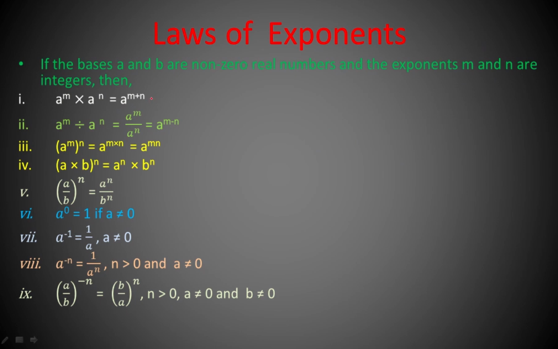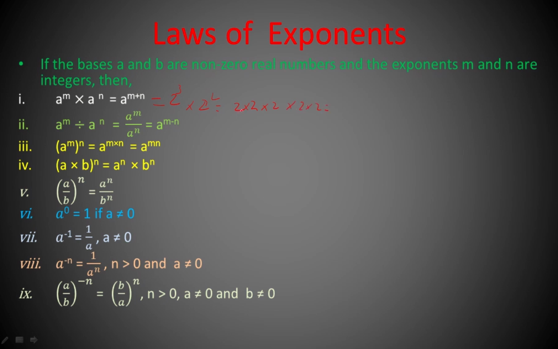From this you can see that a to the power of m times a to the power of n is equivalent to a to the power of m plus n, since we have the same base, we add only the exponents. For example, 2 to the power of 3 times 2 to the power of 2 means 2 times 2 times 2 times 2 times 2.